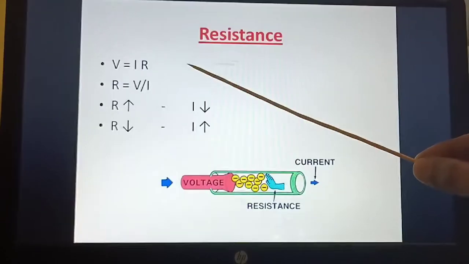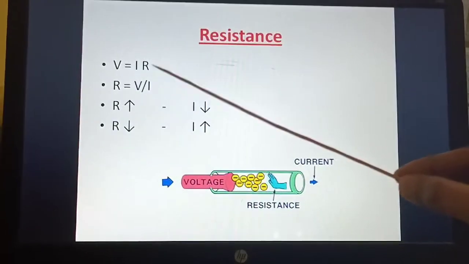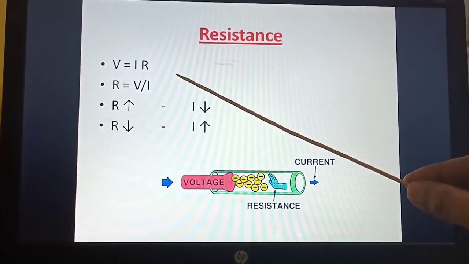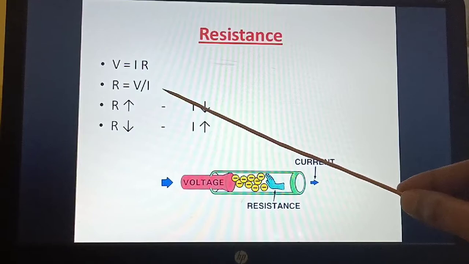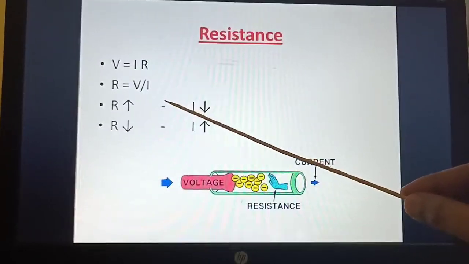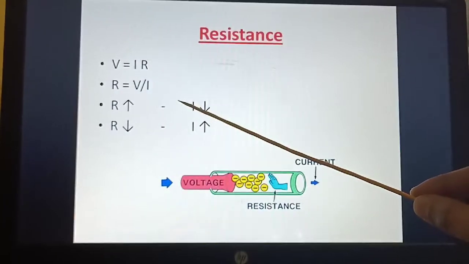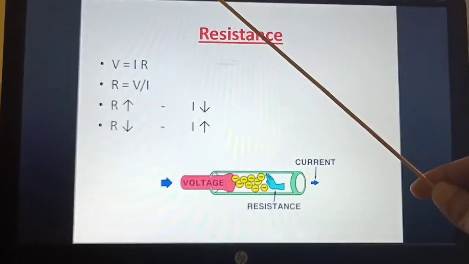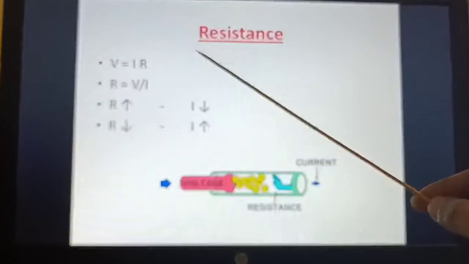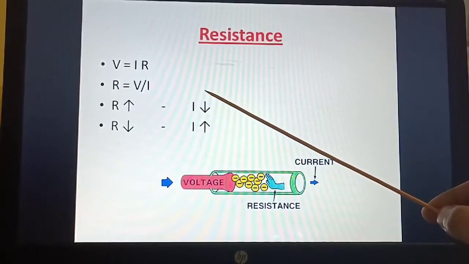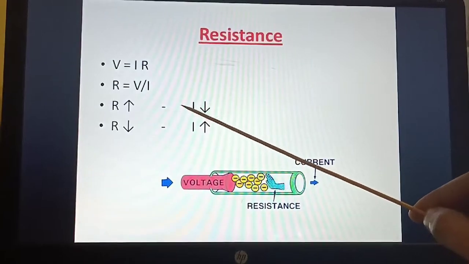If you see here, voltage is equal to current into resistance, isn't it? Now if I remove the resistance, what do you get? That is voltage upon current. That is according to Ohm's law. Now here we assume the voltage to be constant.